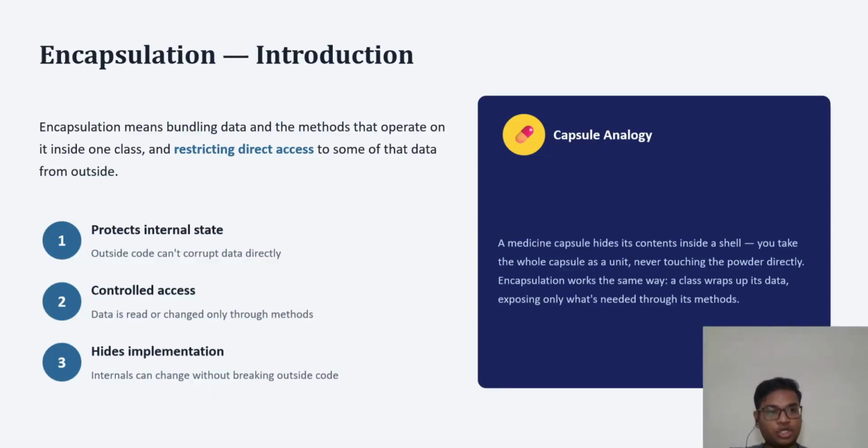First, it protects internal state: outside code can't corrupt data directly. Second is control access: data is read or changed only through methods. Third is hide implementation: internals can change without breaking outside code.